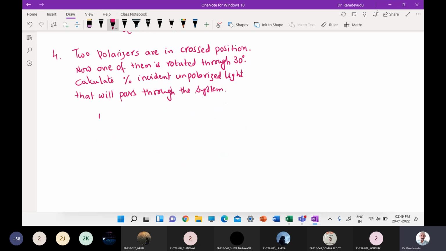We have I equal to I naught cos square theta. Okay, this is the formula we had. Now initially they are in crossed position, which means theta is 90 degrees between them. Now one of them is turned 30 degrees from here.